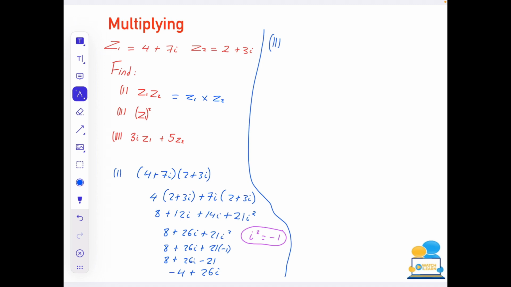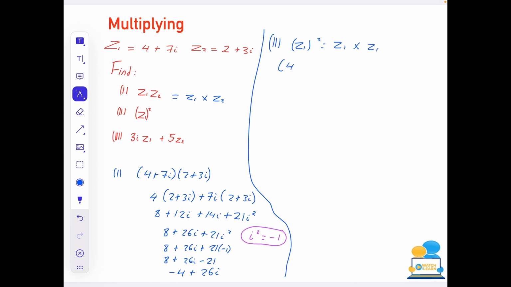So for part 2, it says z1 squared. Now, if I tell you 4 squared, that's equal to 4 multiplied by 4. So z1 squared is going to equal z1 multiplied by z1.